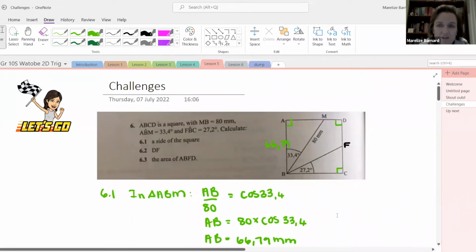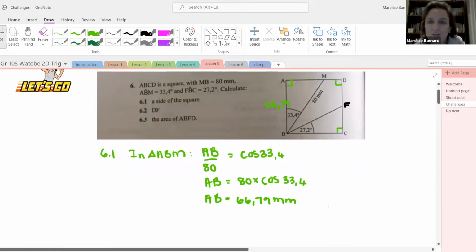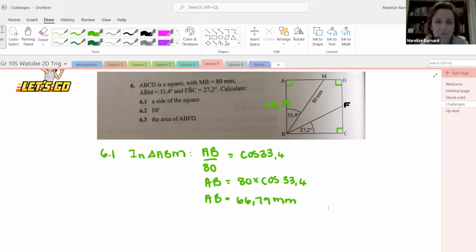Okay, so let's go on to DF. Is there anyone who wants to tell us what they think, how we can solve for DF? Please put your hand up if you have a plan for DF.